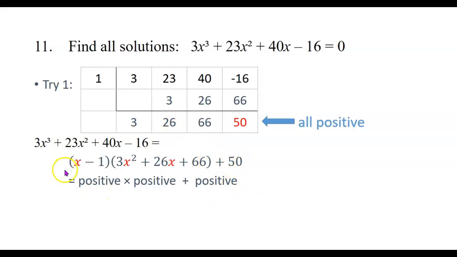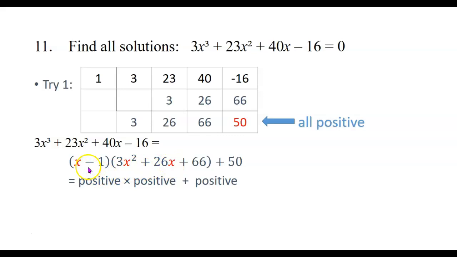And now, if you plug in any number greater than 1 for x, then x minus 1 is going to be positive. Something bigger than 1 minus 1 is positive. And 3x squared plus 26x plus 66 has to come out positive because the number you're plugging in for x is positive.